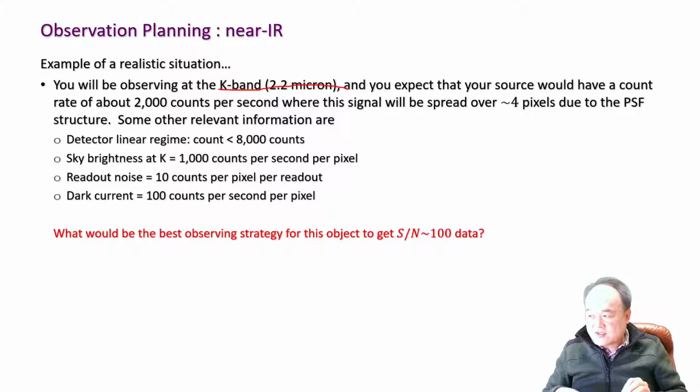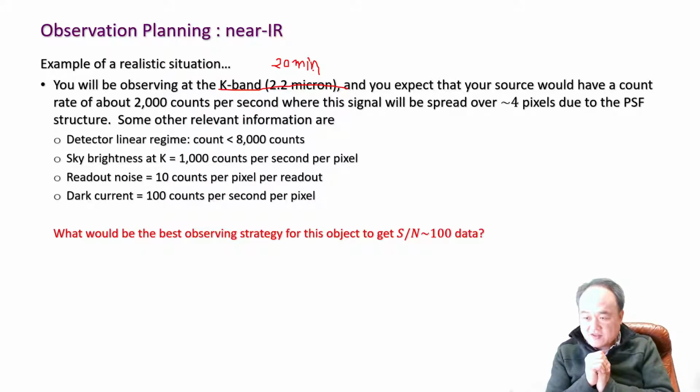Otherwise, you need to fold intermediate sky monitoring into your planning. So for K band the limit is 20 minutes.